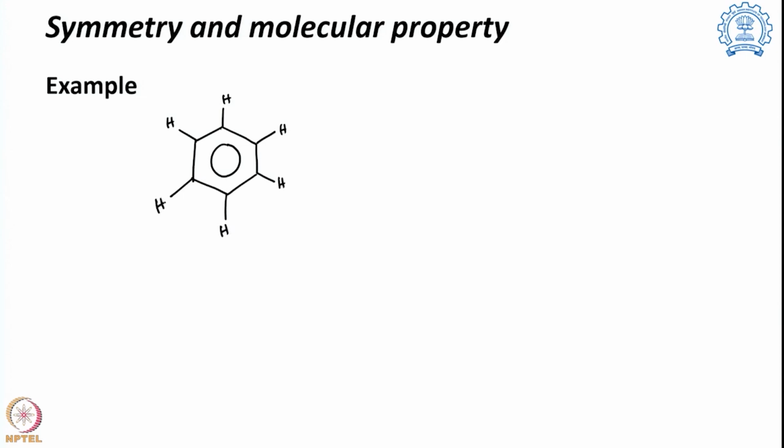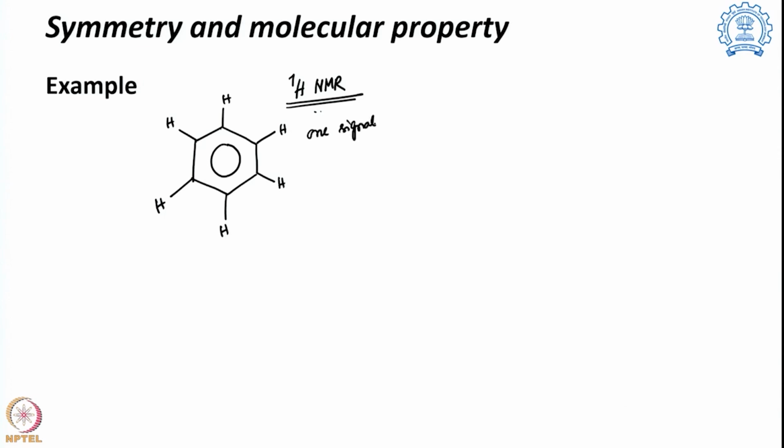And now if I try to follow the symmetry of this molecule by doing 1H NMR spectroscopy, how many signals are we going to get? In 1H NMR we are going to get only one signal.